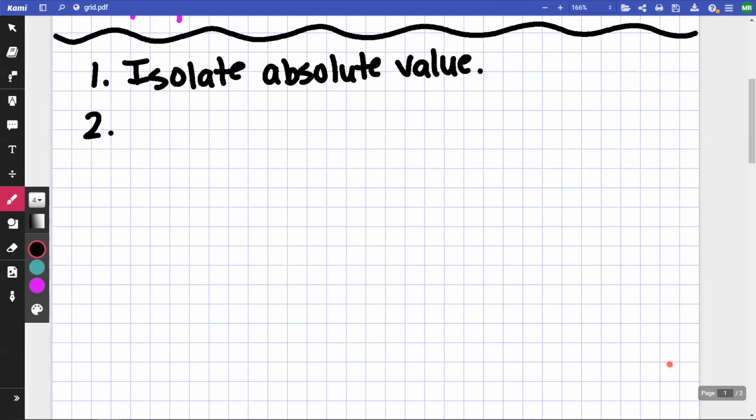The next thing you want to do is check the sign of the number on the other side of the equal.